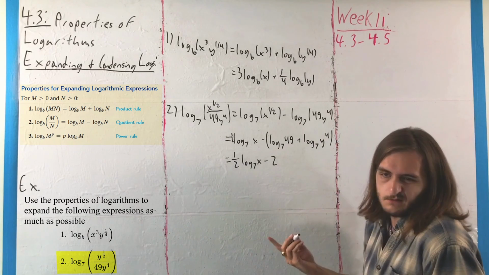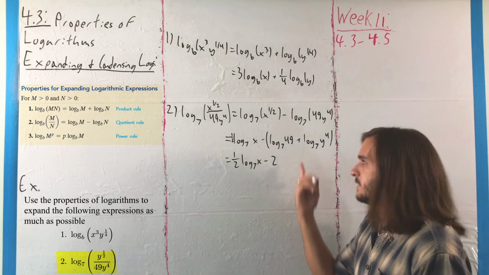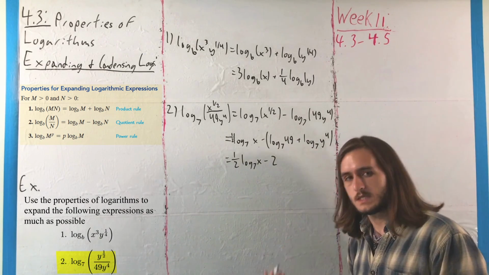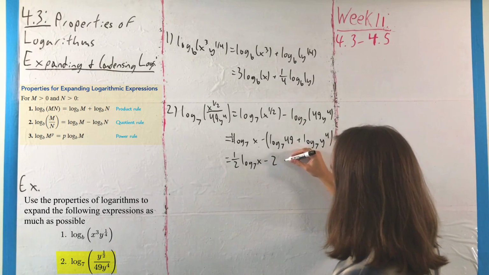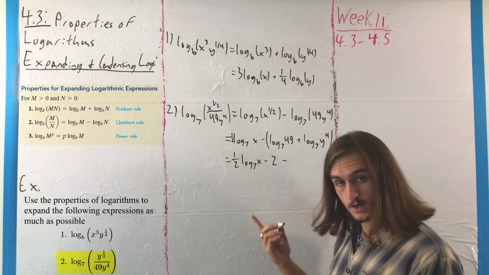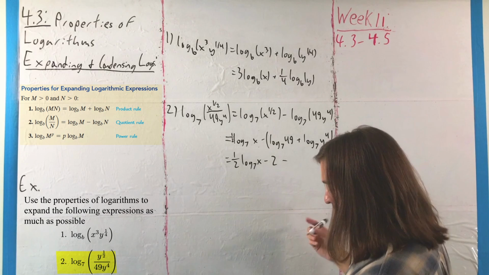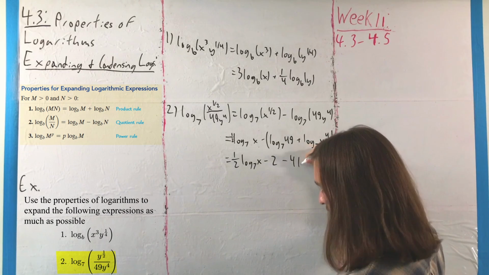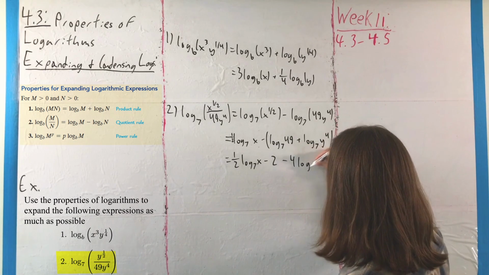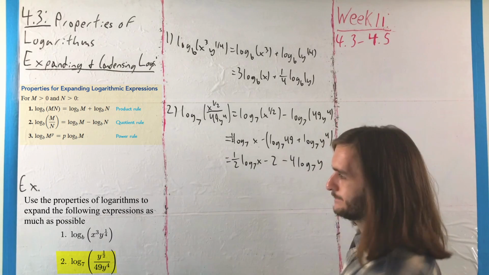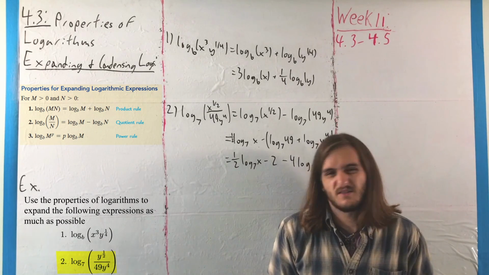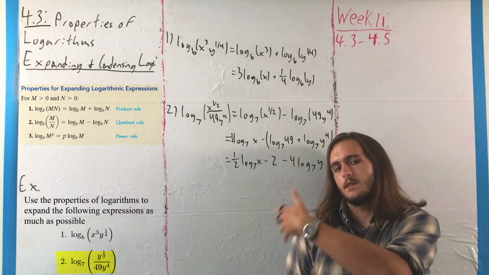And then over here, we'll just use the power rule because we don't have anything necessarily between 7 and y yet. So factoring in the negative, be very careful there, we would get minus 4 log base 7 of y. And that's the best we could do there. At the very least, that's the most we can do with this setup.